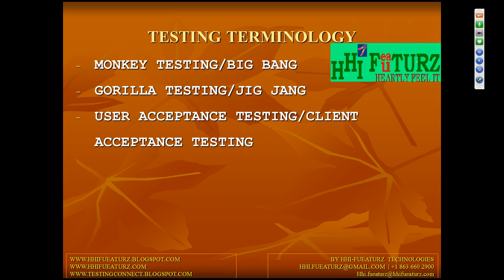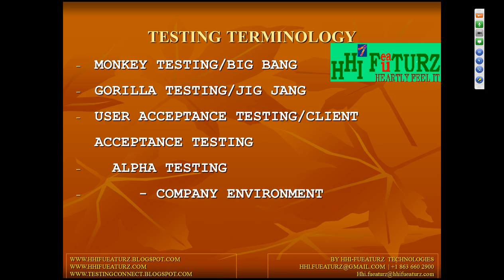Once the whole application gets ready, you will go for user acceptance testing or client acceptance testing in two ways: alpha testing and beta testing. This is what we are already aware of. Once the whole application is ready in your company environment, you set up exactly the client kind of environment, in which it is going to execute, install the whole application and test. That is alpha testing.